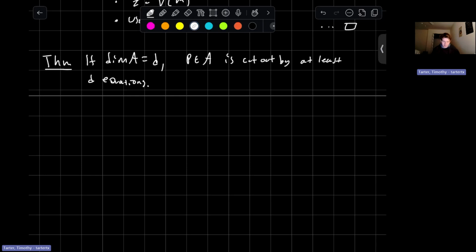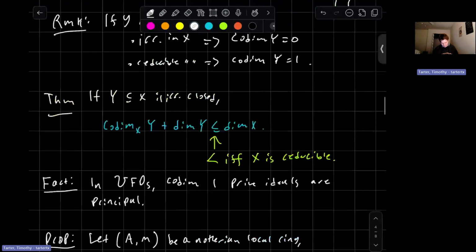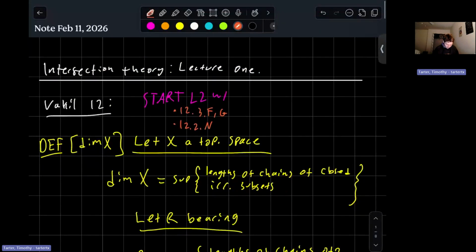I really want to finish this off. There's just some small things going on, but it ends with this really nice geometric application of Krull's principal ideal theorem. Maybe that's what I'll start with. I'll start tomorrow with finishing off this, and then I'll do Krull's principal ideal theorem applied to lines on hypersurfaces, 12.3.14.